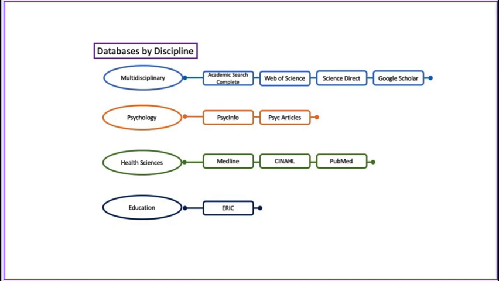And then within each of those, after I've selected them from the drop-down menu, I'm going to identify the specific databases that I need to search to get the articles that I need. This serves as a checklist so that students can feel confident that they've searched and consulted all of the resources that they need to answer their research question.